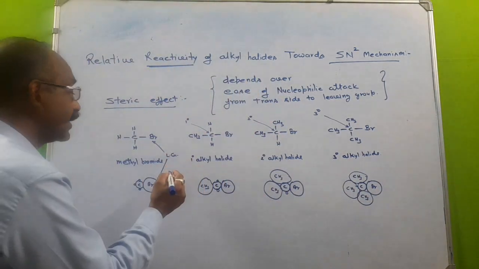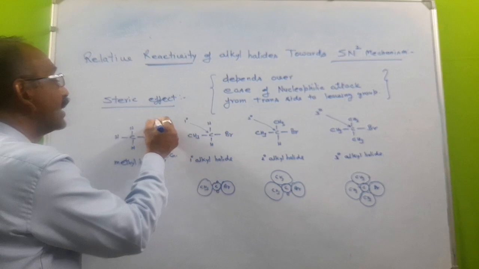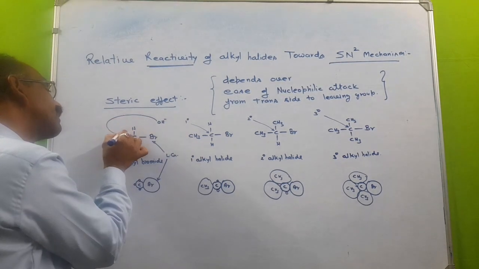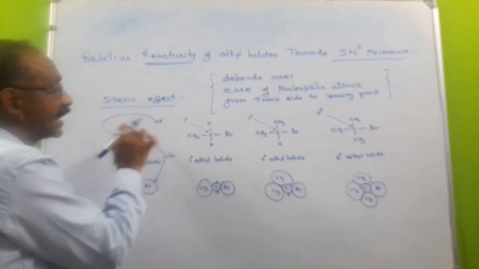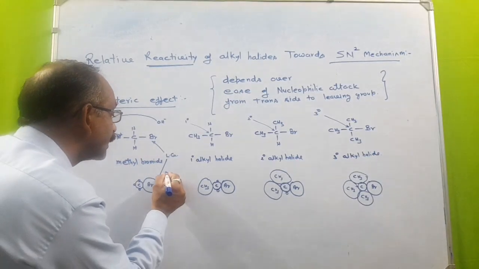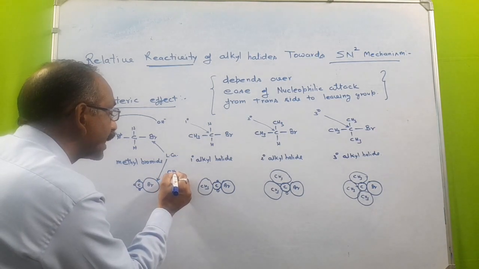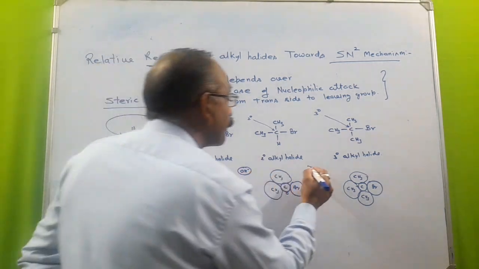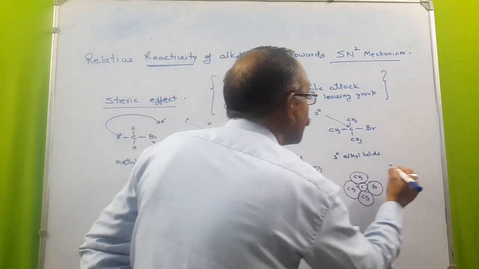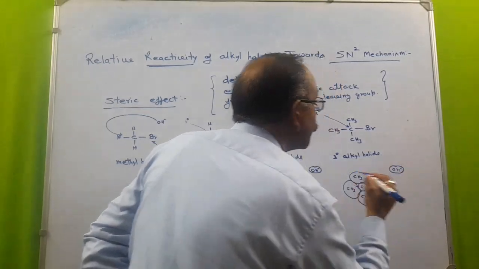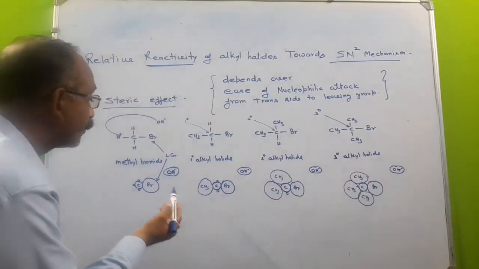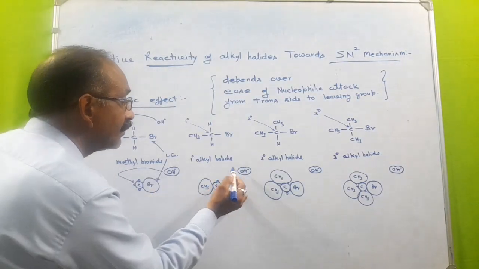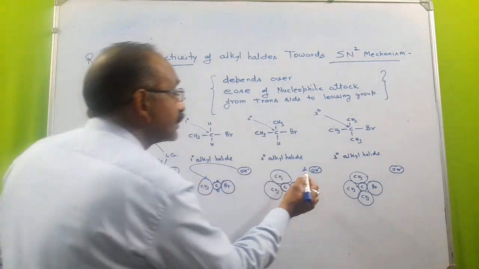And now the nucleophile, let our nucleophile is OH minus. So this has to attack the substrate molecule from the trans side to the leaving group. Means here this one is our nucleophile, and is going to attack from the trans side to the leaving group, to the Br, from opposite side to the Br.